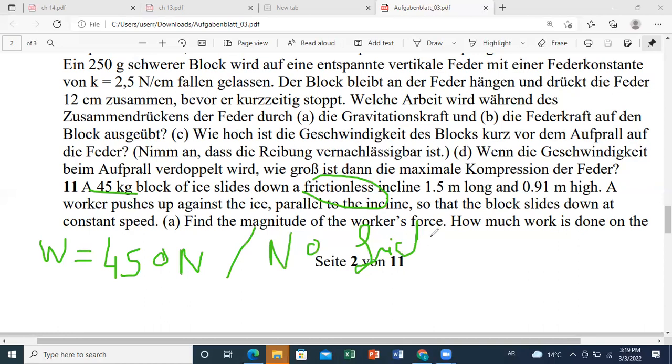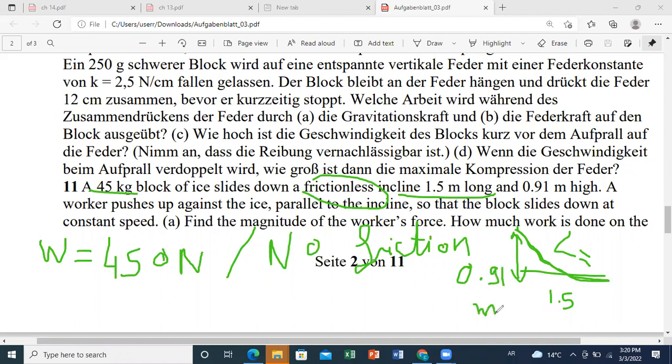The total length of our incline is 1.5 meter. When they give the length of the incline, you can consider it the total length measured in the curvilinear coordinate, so total L equals 1.5, and the height is 0.91.